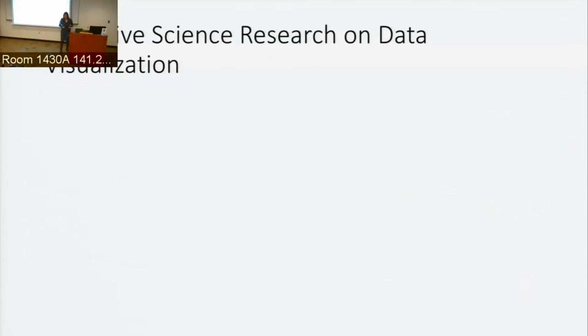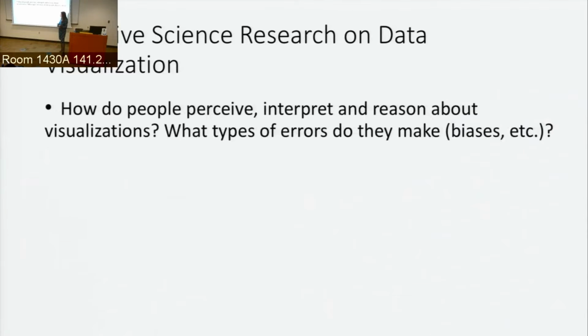Okay. As I mentioned, there has been research from the cognitive perspective on data visualization. As I said, it used to be called graph comprehension. A lot of this work you may not see if you Google data visualization and cognitive science. I would recommend Googling something like graph comprehension, because that's the term that was used at the time.